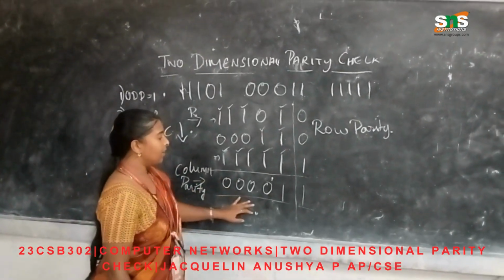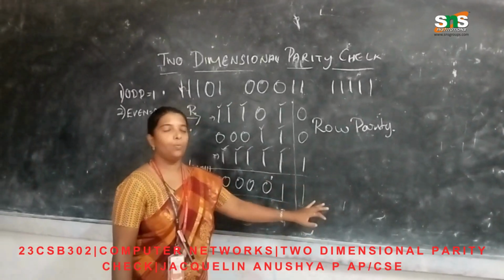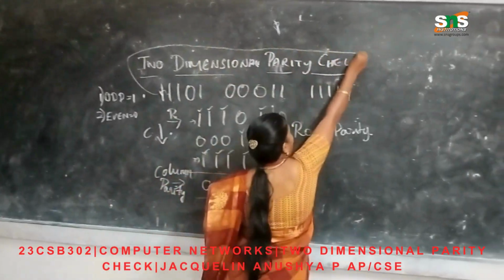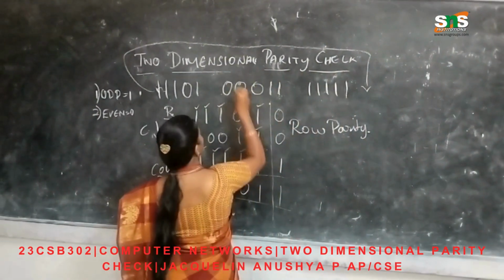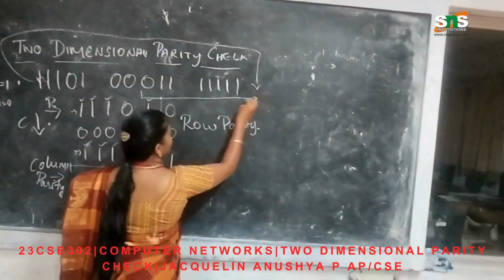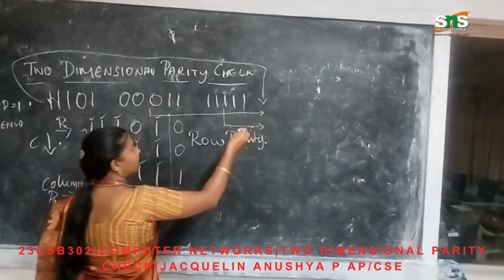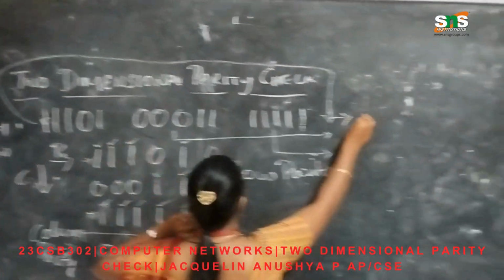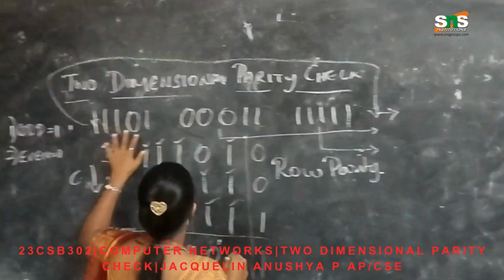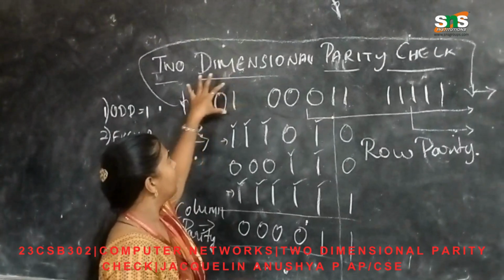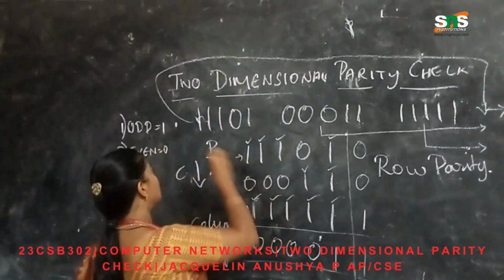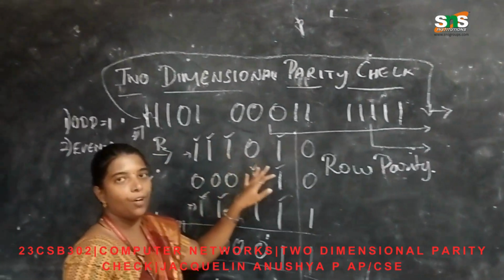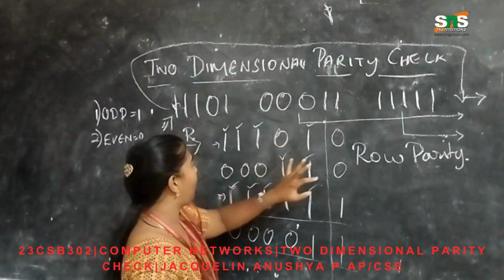While writing this, we should write with the same number of parity. So we will take this one first, this one second and this one as third. So we have the original binary number, which we have converted into your two-dimensional parity check.